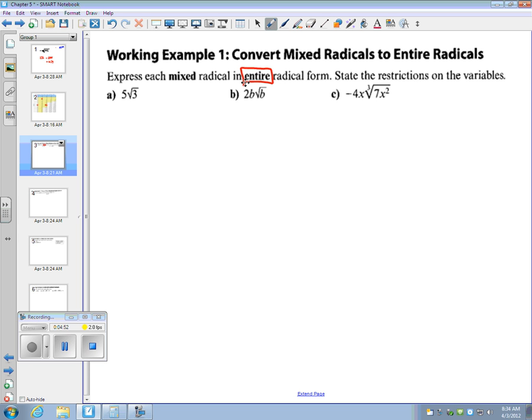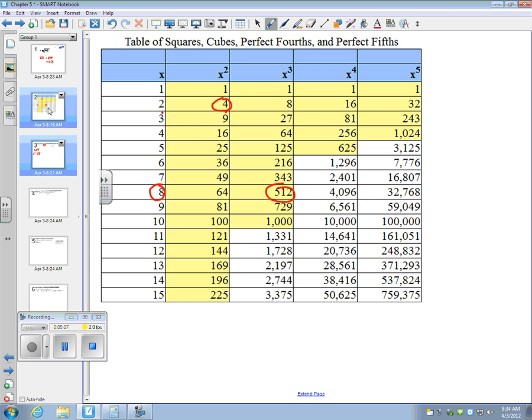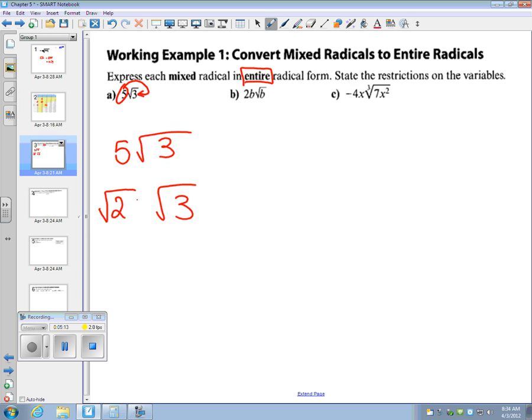In other words, we're putting this 5 back under the radical sign. So we have 5 root 3. Well, we need to rewrite 5. 5 can be written as the square root of something. So 5 is the square root of 25. So we're going to write this as the square root of 25.